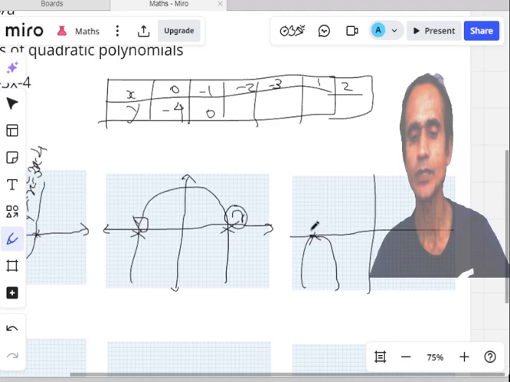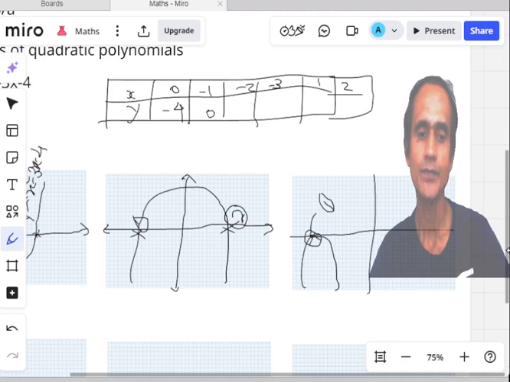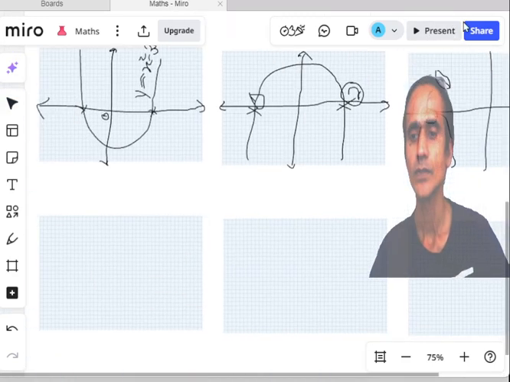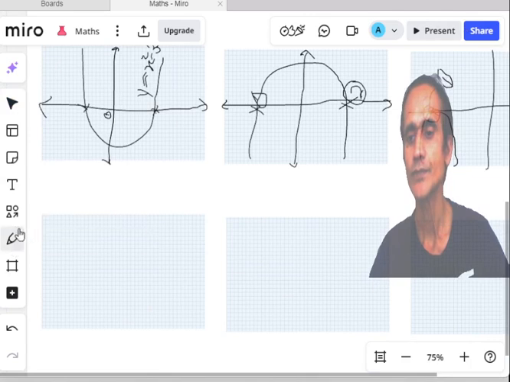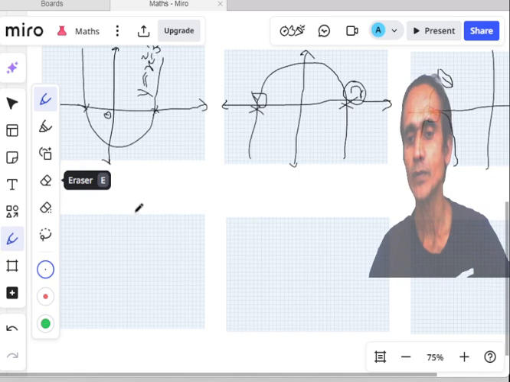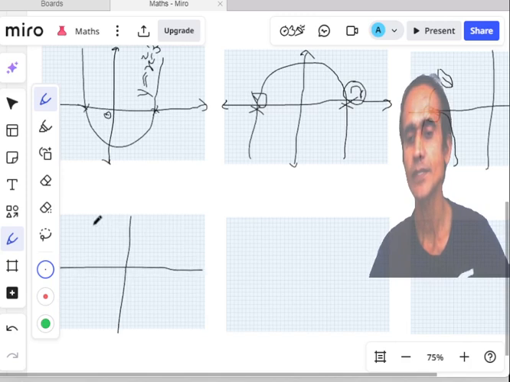So this parabola or this quadratic equation will have 1 zero, and it is possible that we have a quadratic equation in which the parabola or the graph of the quadratic equation doesn't touch x-axis.